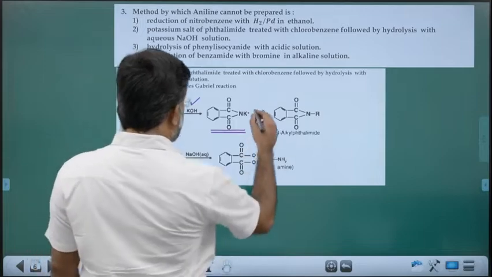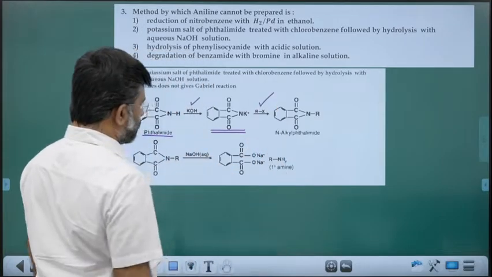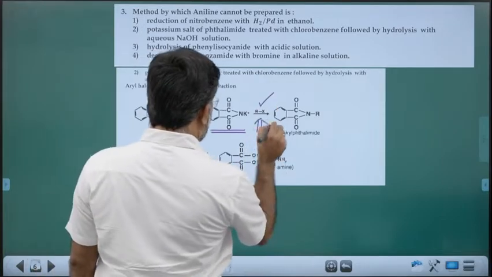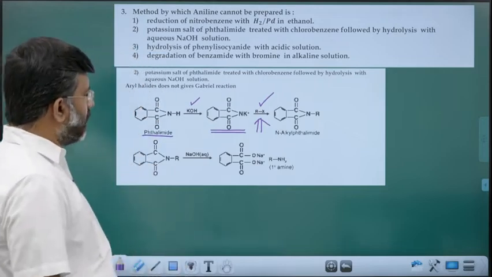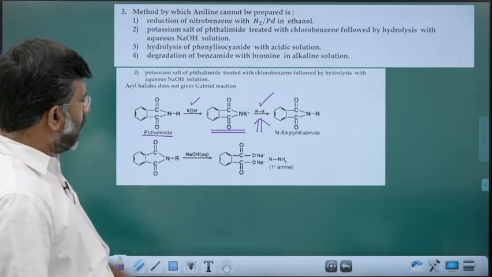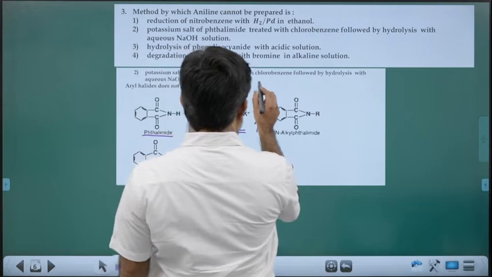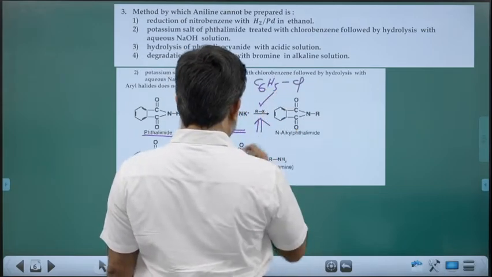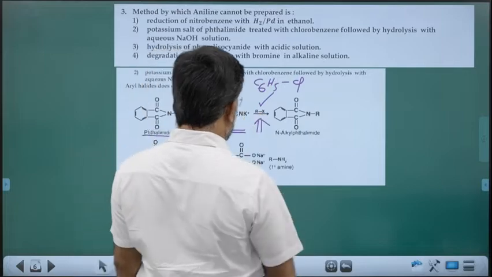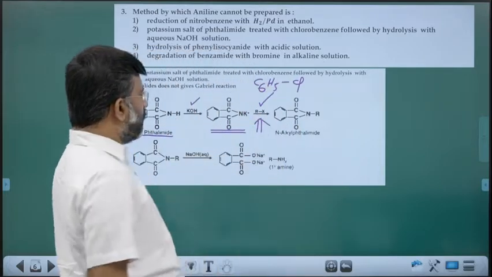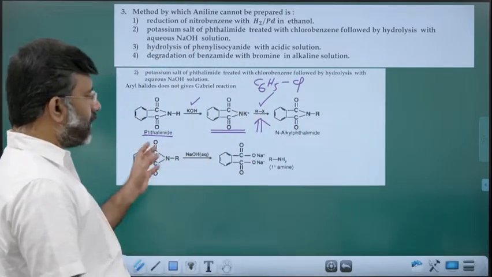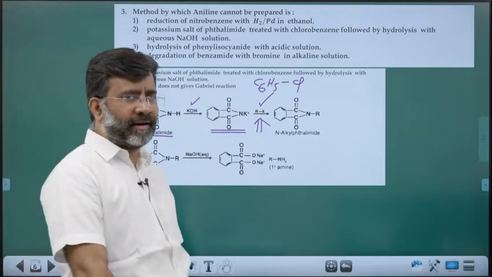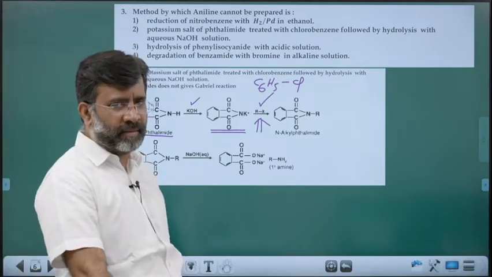And that potassium phthalimide reacts with the RX. This is the point mainly we are discussing now. Instead of RX, aliphatic halide, if you are giving chlorobenzene, C6H5Cl, you can get aniline as a product, but you can't.